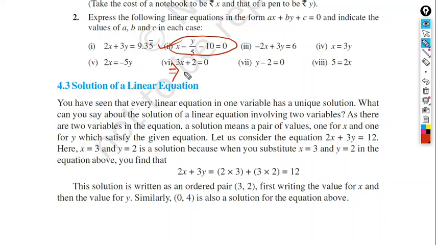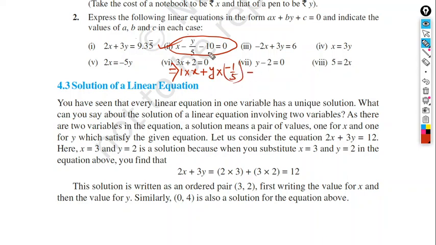So a means here 1 into x, plus by. Who is b here? Y is here. Whatever thing is multiplied with y, that is b. Okay? So y into minus 1 by 5, plus y into minus 1 by 5, you can see.